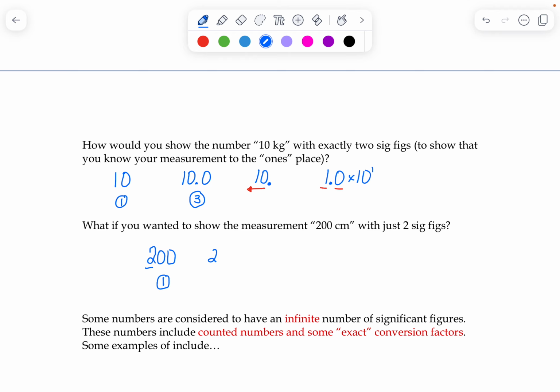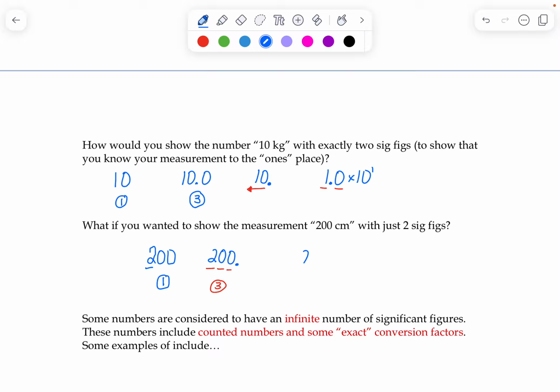So then if you're thinking, oh, I'll just do that little trick where I put the decimal point at the end, well, then the 2, the 0, and the 0 would all count, and so that guy would have 3 sig figs, and that's too many. So how do you get in between 200 and 200 point? What do you write now? Well, you can't. You can't split those hairs. There's nothing you can do that's in between those two.